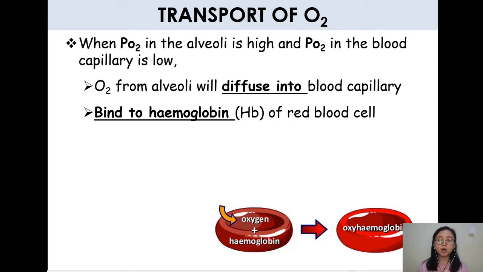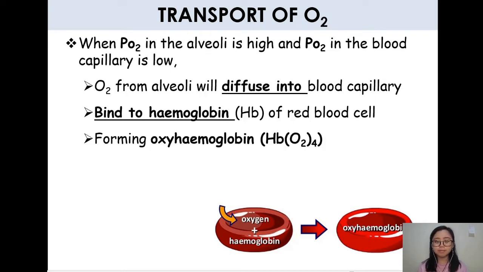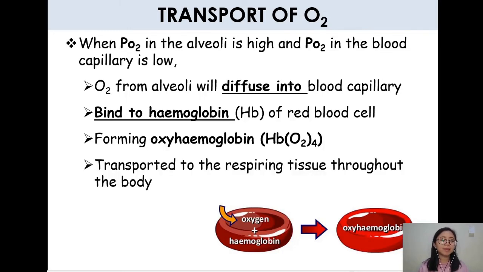And then oxygen will bind to hemoglobin of red blood cell, forming oxyhemoglobin. One molecule of hemoglobin can bind to 4 molecules of oxygen, which is why in this formula you see that it is written as Hb(O2)4.